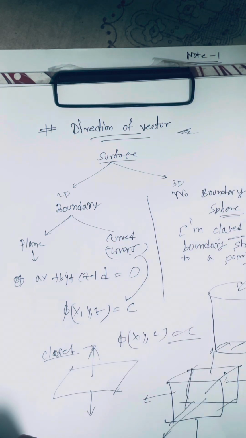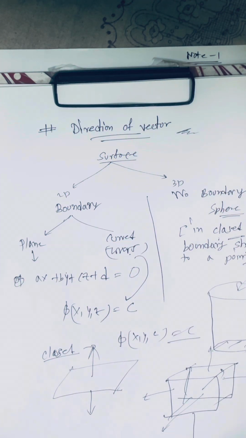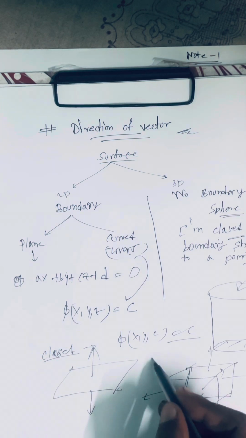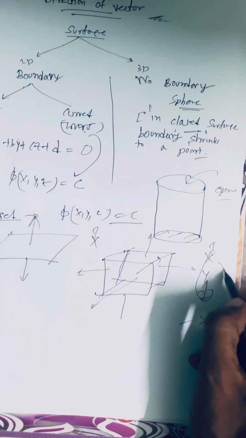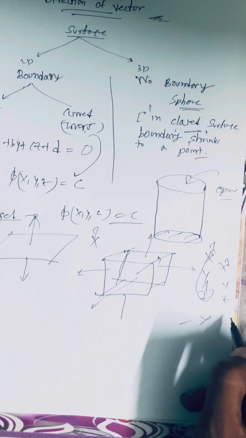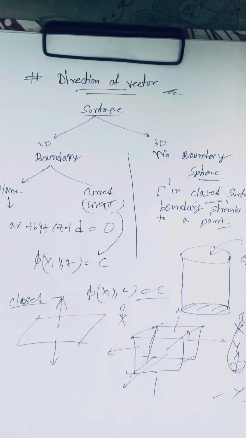Okay. Now, how many x hat, y hat, z hat, minus x hat? I will write it, x hat, y hat, z hat, minus x hat, something like this.